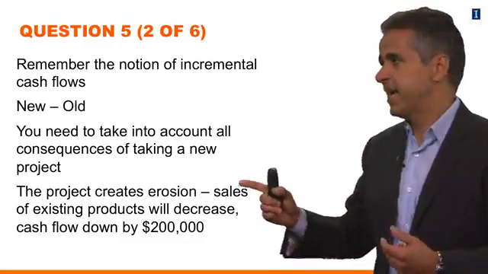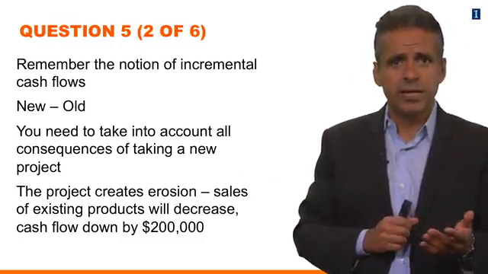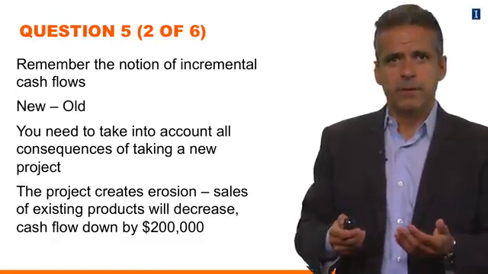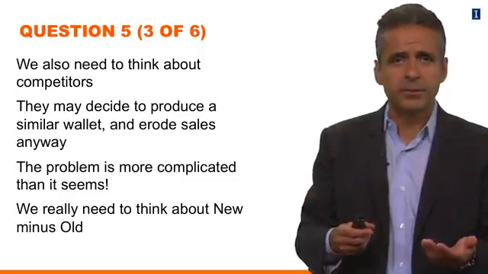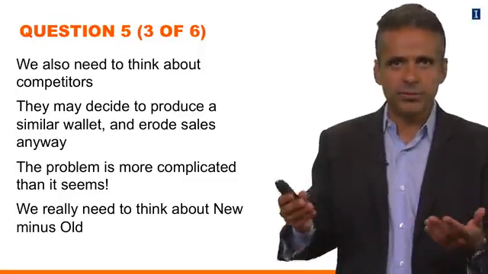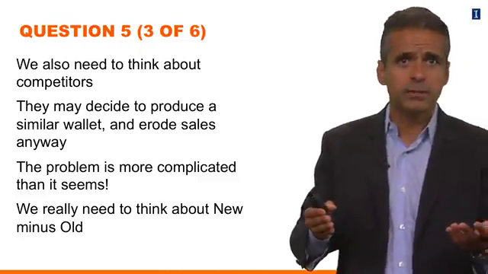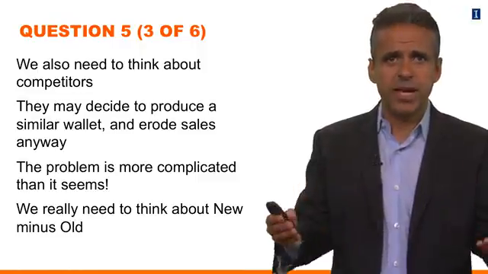In this case, we assume that the sales are going to decrease cash flow by 200. However, we are not done, because we also have to think about competitors. Competitors are also trying to think about cool new products, so they might decide to produce a similar wallet, which might erode sales anyway.